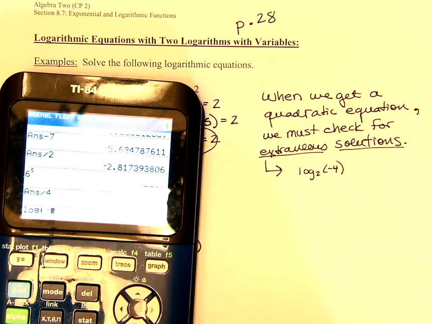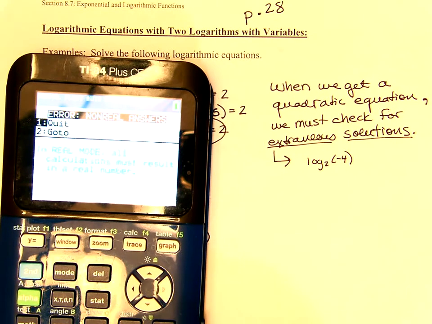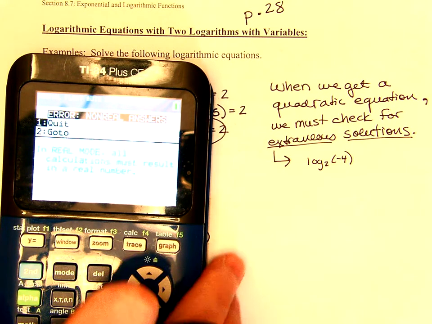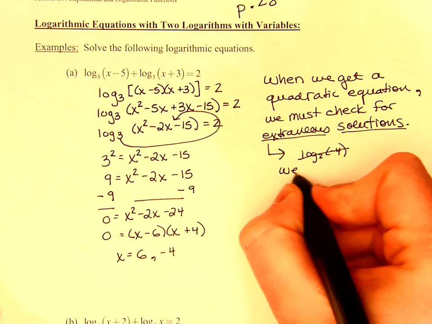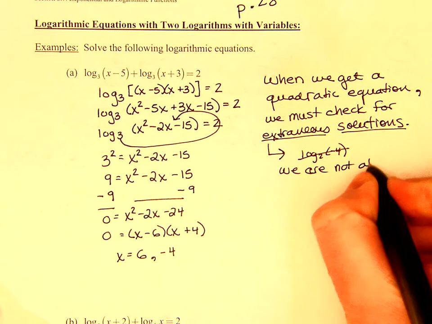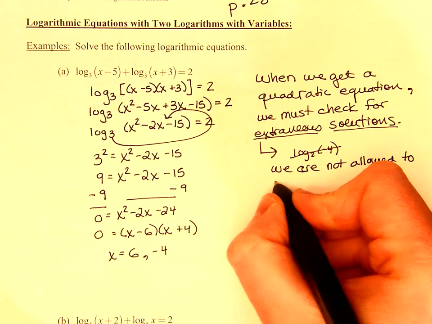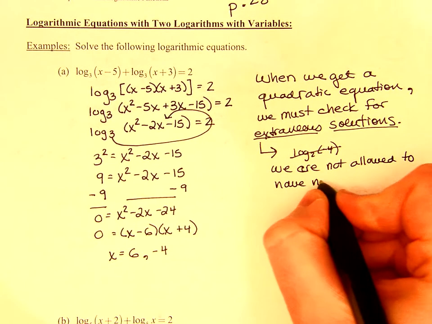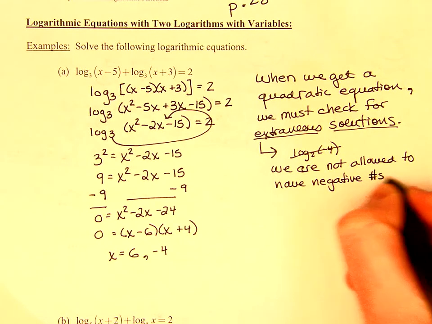If you think about it for a while and can't get anywhere, go to your calculator and use your change of base formula, log negative 4 divided by log 2, but that's going to give you a problem. We cannot have negative numbers inside of a logarithm. We are not allowed to have negative numbers inside a log.